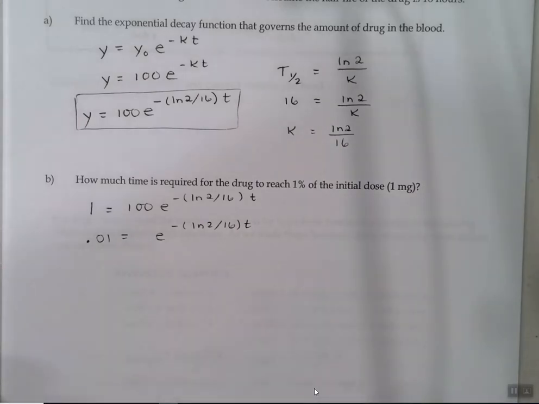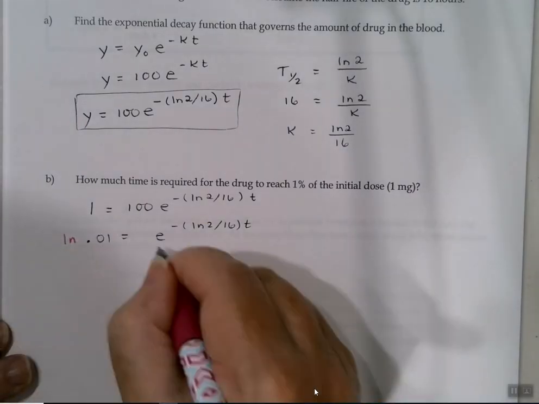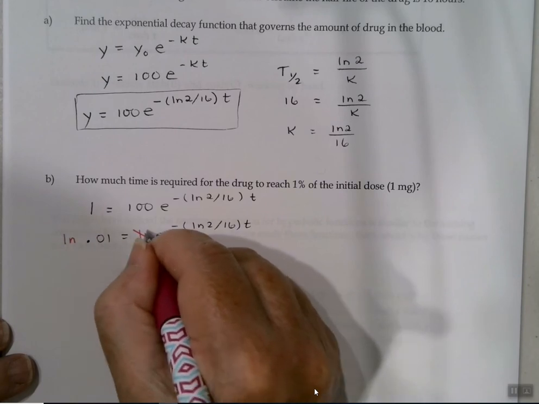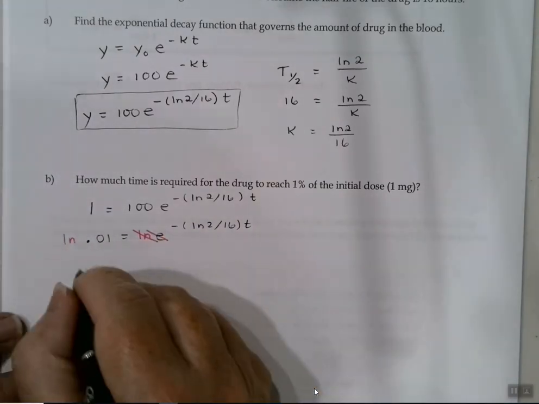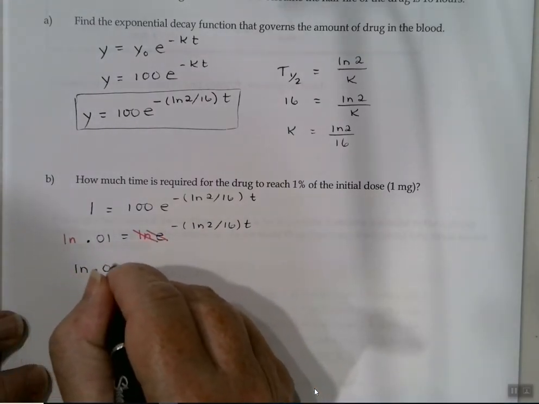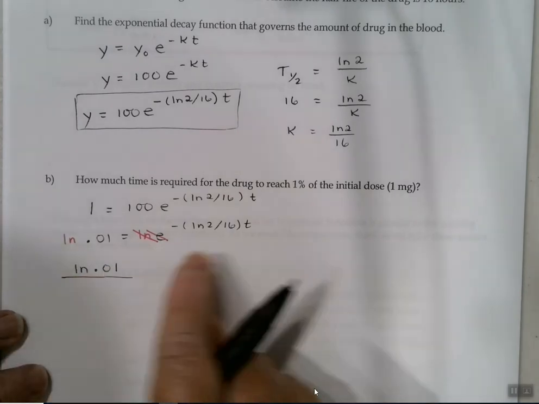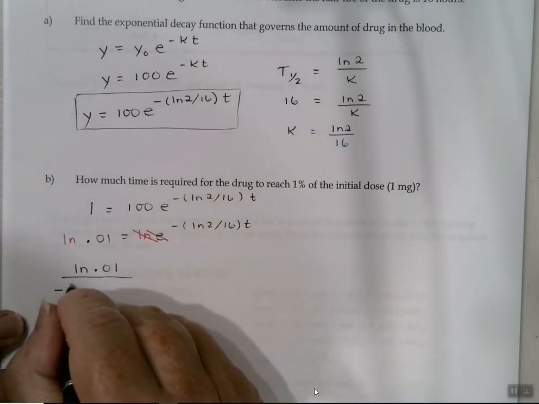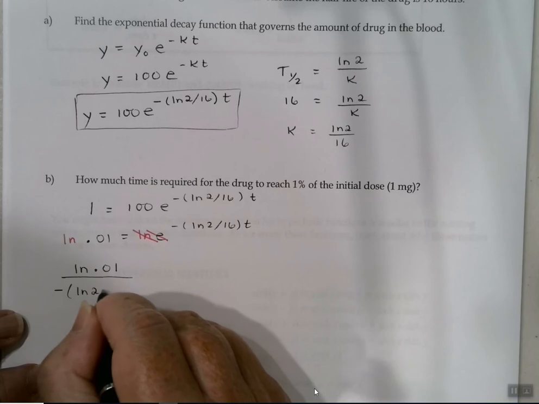I need to get rid of the e's, so we'll take the natural log on both sides. So I have the natural log of 0.01 divided by the negative ln 2 over 16 is t.